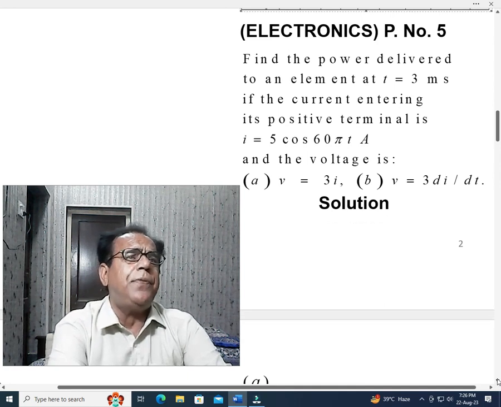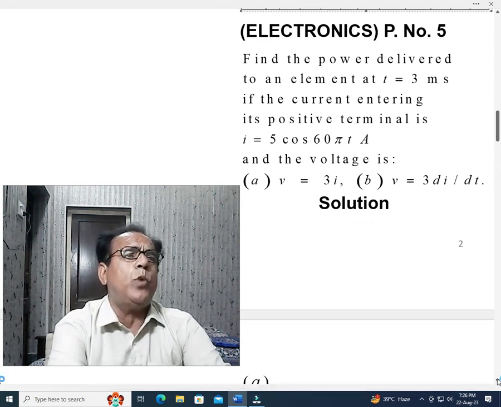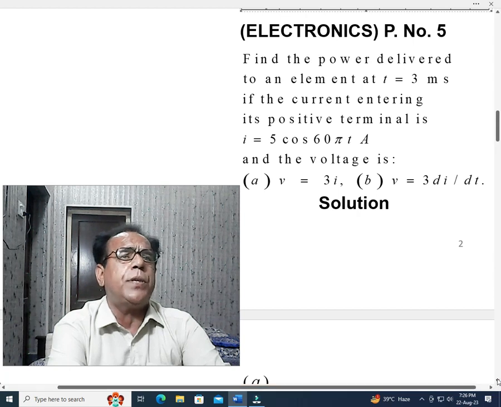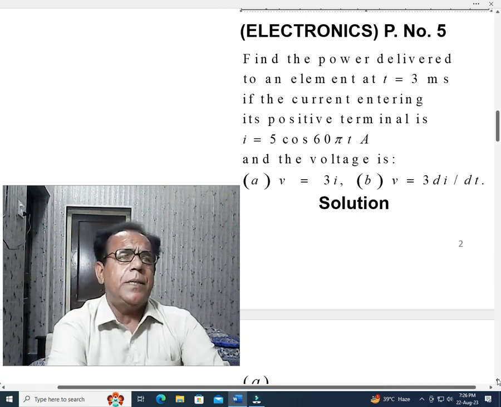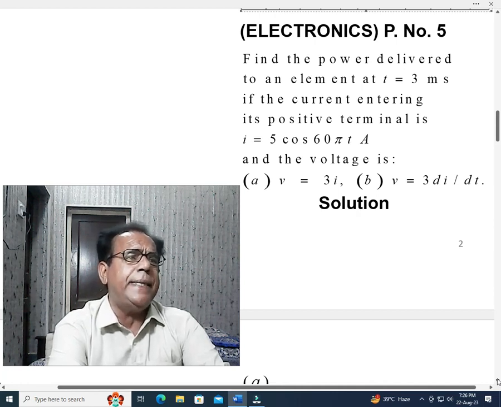Its statement is: find the power delivered to an element at t equal to 3 millisecond, milli meaning 10 to the power minus 3, if the current entering its positive terminal is i equal to 5 cos 60 pi t ampere, and the voltage is, in part A, v equal to 3i, and in part B, v equal to 3 di over dt.